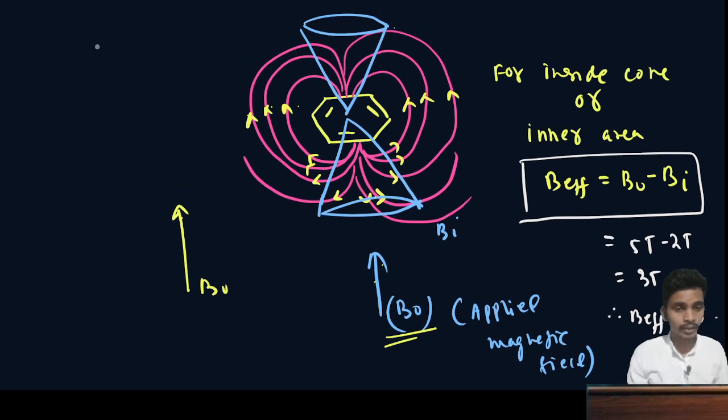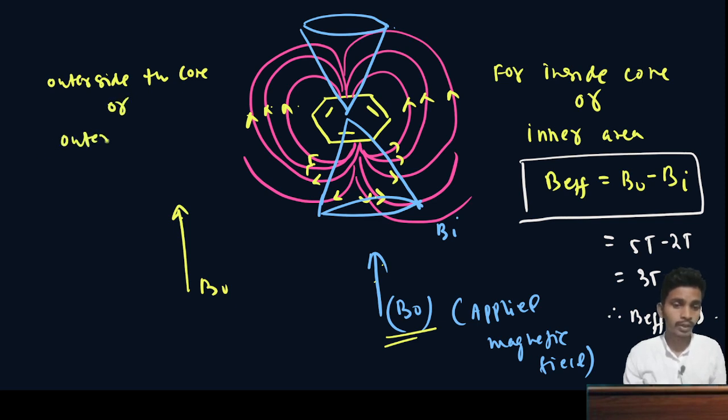Now outside the cone, here I write outside the cone, also called the outer protons. Here B effective, B induced and B naught, that is the induced magnetic field, are in the same direction.